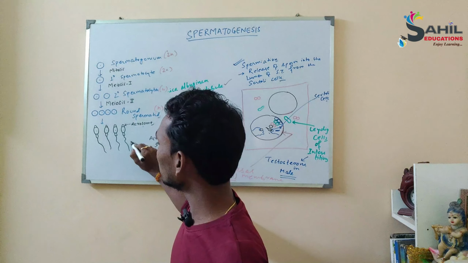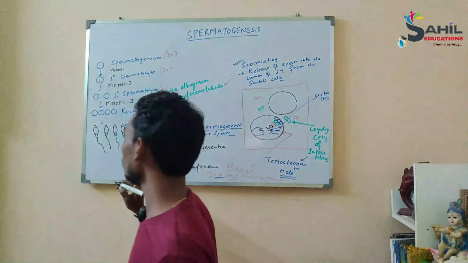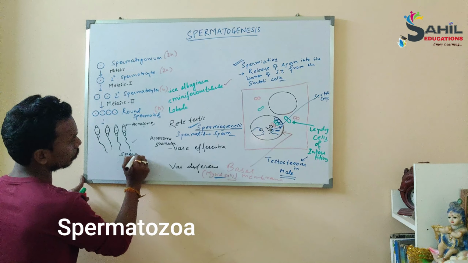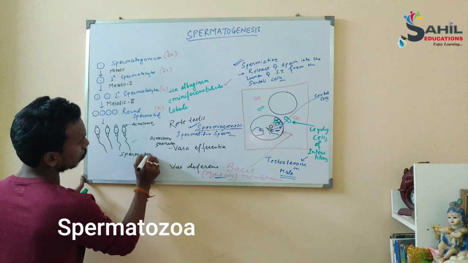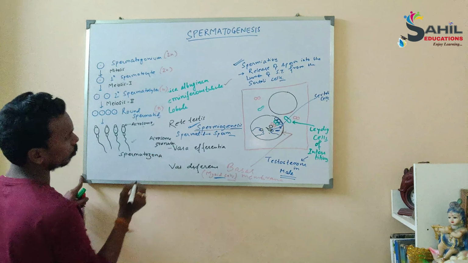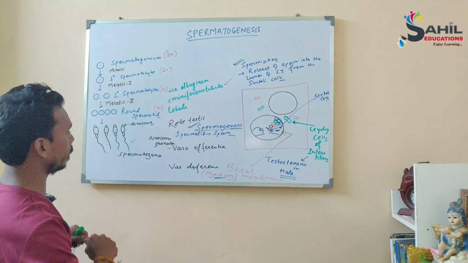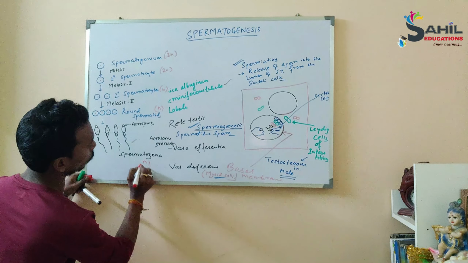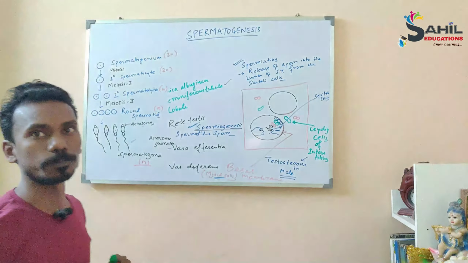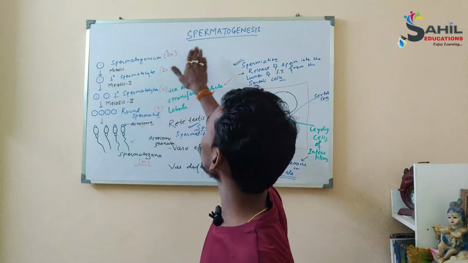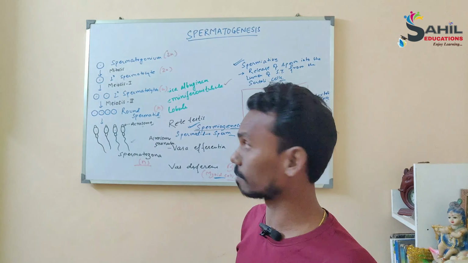Now the spermatids are matured, and these are known as spermatozoa. And these spermatozoa have a ploidy of n number of chromosomes. So you have produced your sperms. So this is all about the process of spermatogenesis.